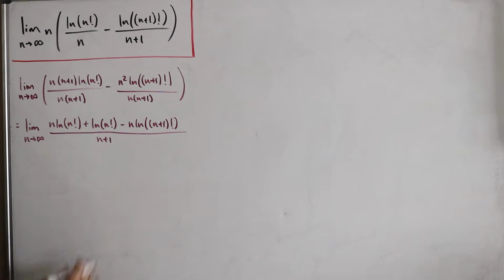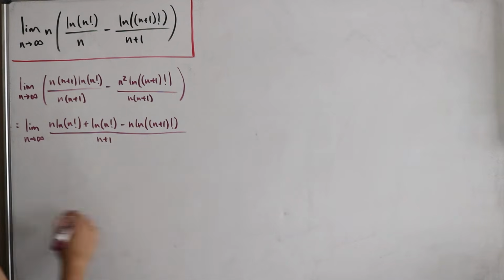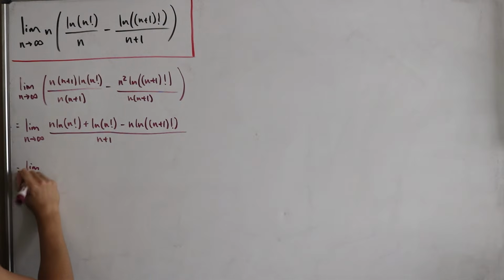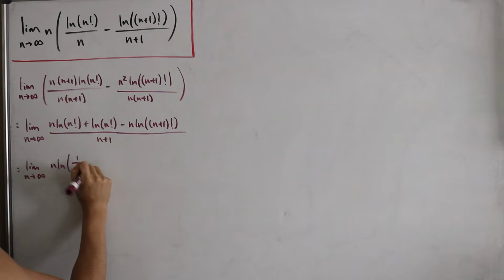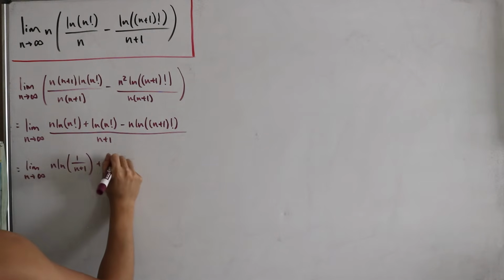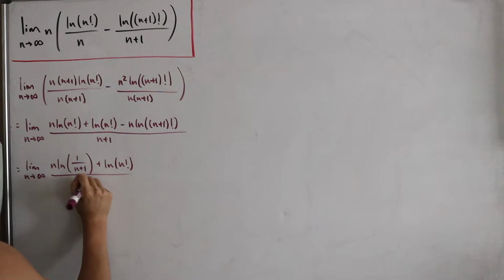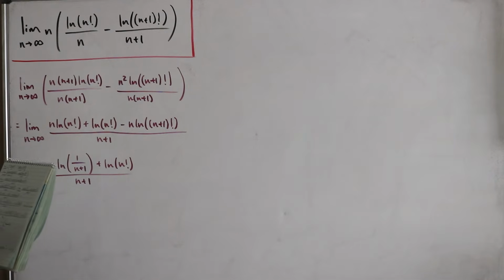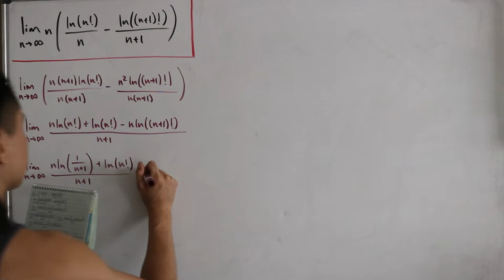What that does is cancel and just leave n plus 1 on the denominator. So basically we have the limit as n approaches infinity of n times the natural log of 1 divided by (n plus 1), plus the natural log of n factorial, all being divided by n plus 1.